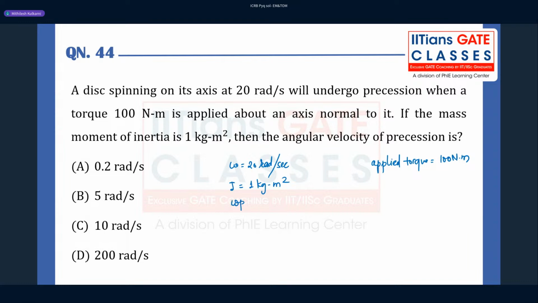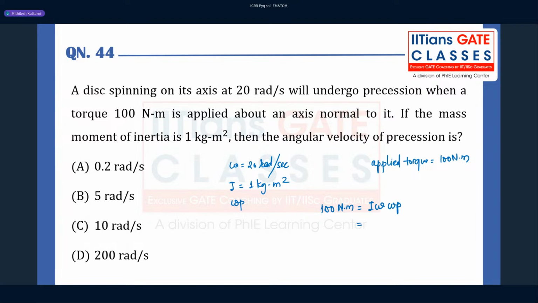We know that the gyroscopic torque, let's say the reactive torque causing the gyroscopic effect, will be equal to the applied torque. Hence, this 100 Newton meter has to be equal to the gyroscopic effect, which is I omega p.